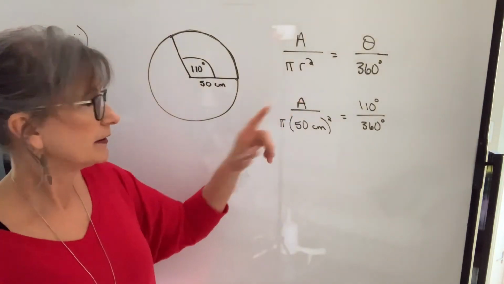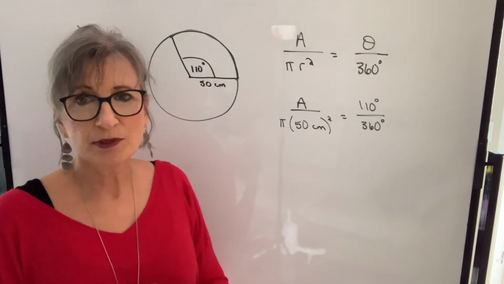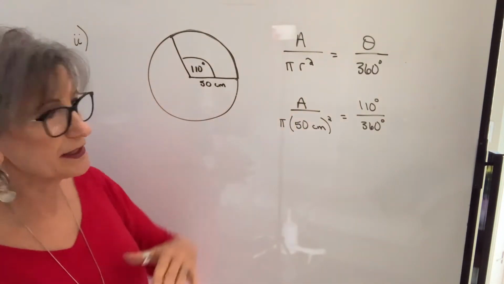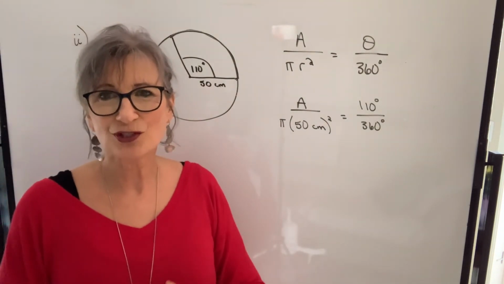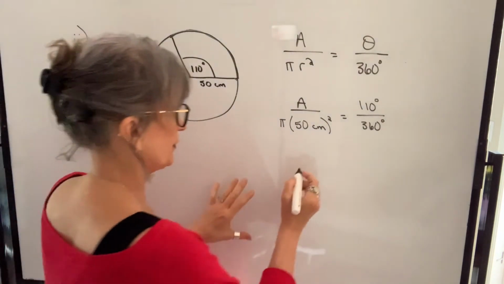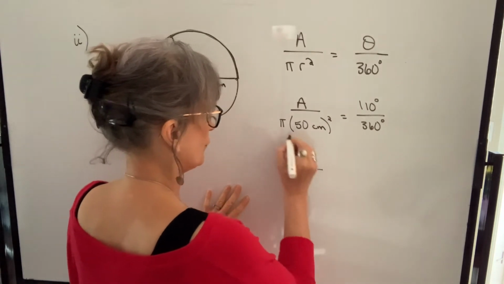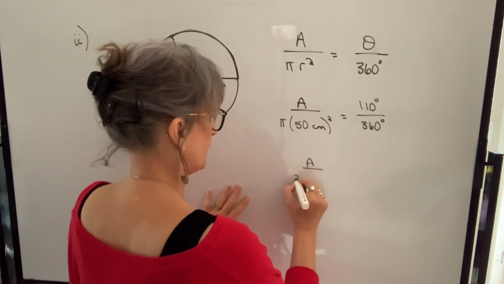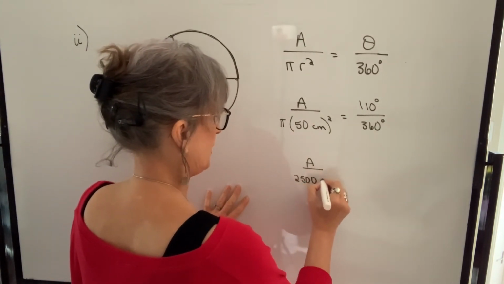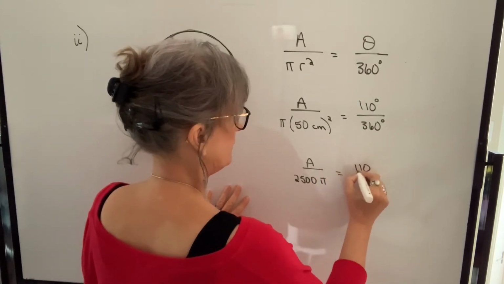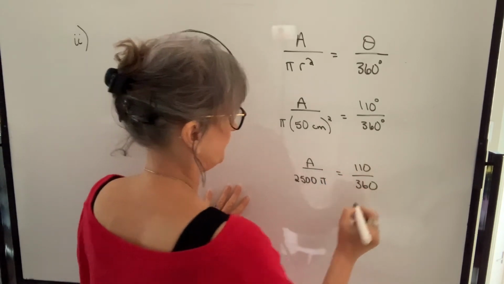Understanding that my area of that sector will be in square centimeters, because this total area will be in square centimeters, I'm going to drop the units just to make it look a little easier. So I'm going to have A over 50 squared, which is 2,500, times pi, will equal 110 over 360.